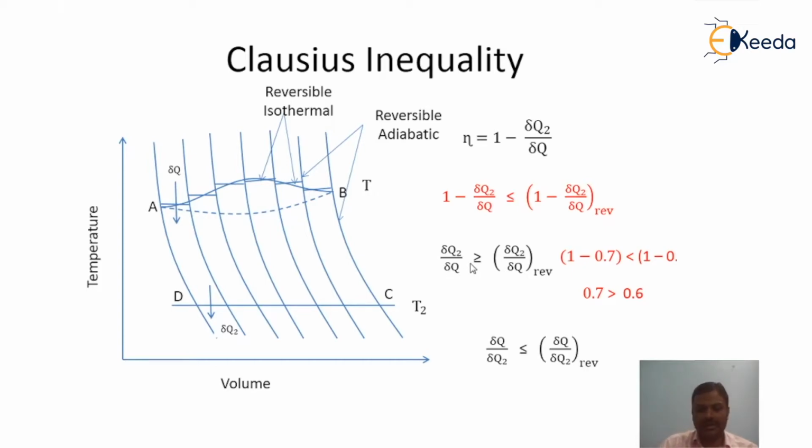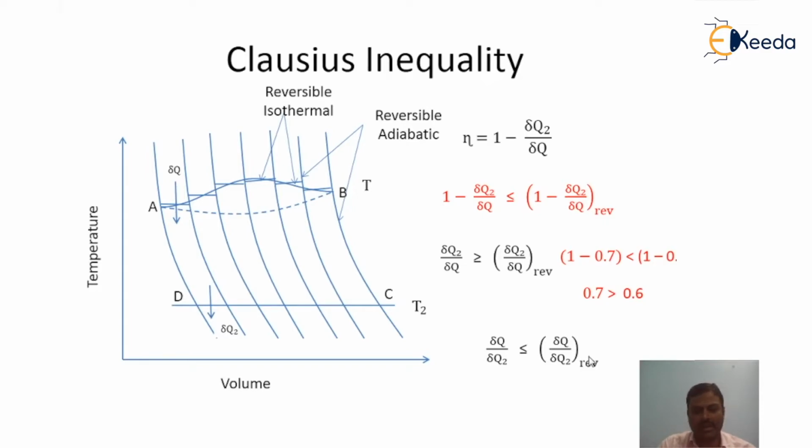In the next step, when both the numerator and denominator of left hand side and right hand side are swapped or exchanged, once again we will have the less than or equal to symbol. So we have delta Q divided by delta Q2 is less than or equal to delta Q divided by delta Q2 of reversible cycle.